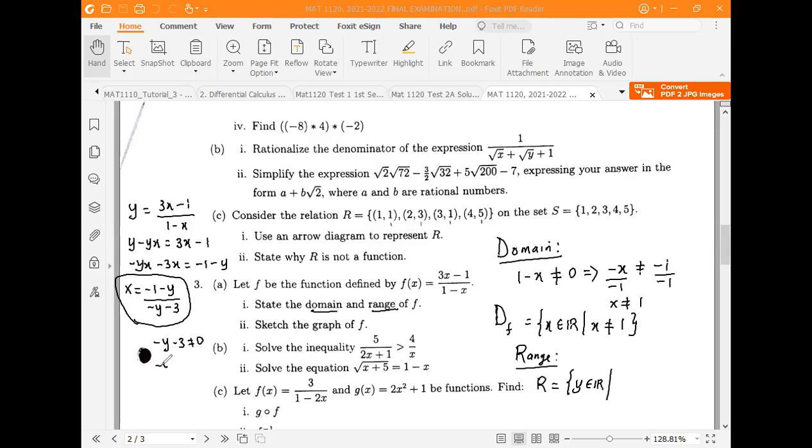That is, negative y should not be equal to 3. Divide. The y should not be equal to negative 3. So we say y should not be equal to negative 3. Like that. So that is the range.